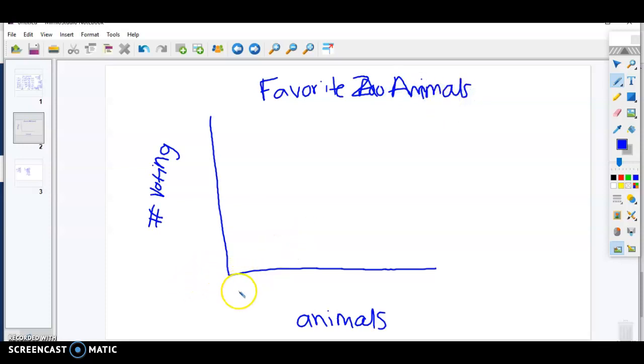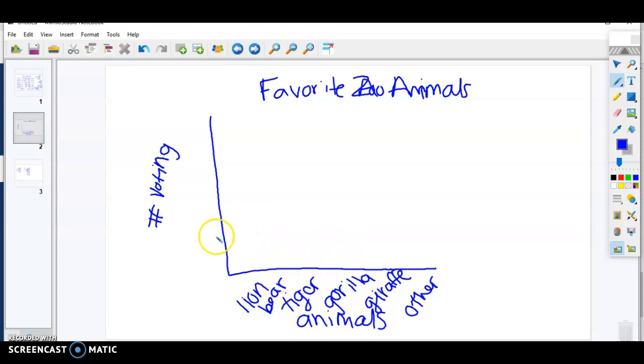Okay. So then I would put a lion, tiger, gorilla, giraffe. I think I missed something. Other. Bear. I'm going to squeeze bear in here, but make sure you guys, again, write yours out. Do it neatly.